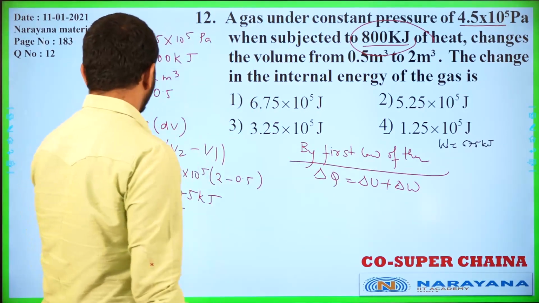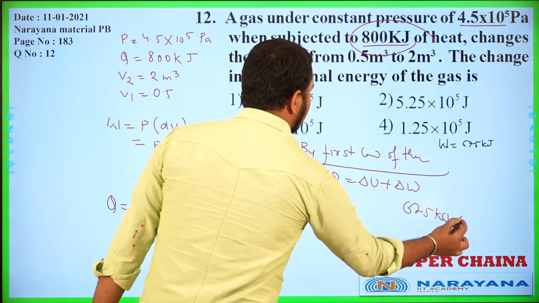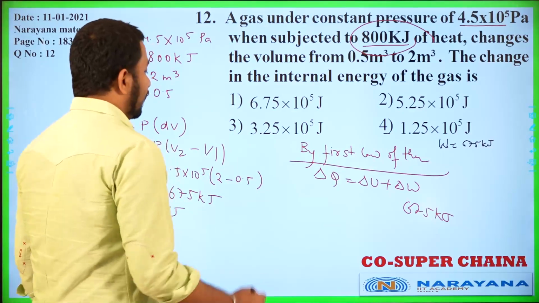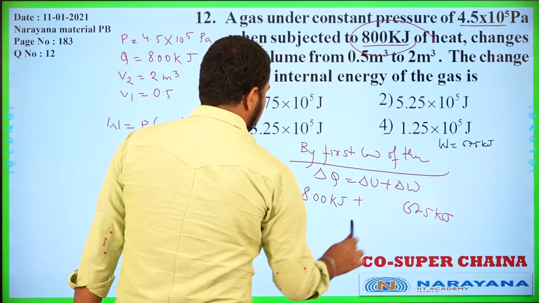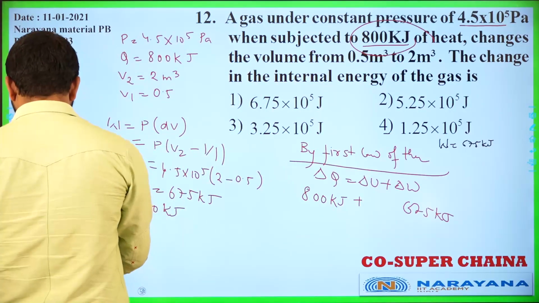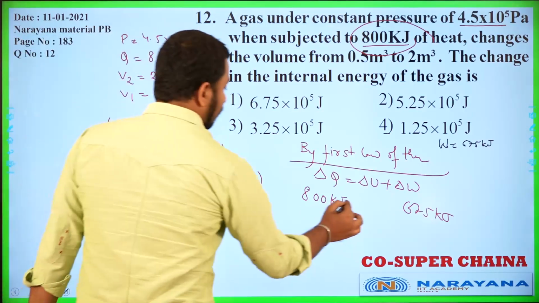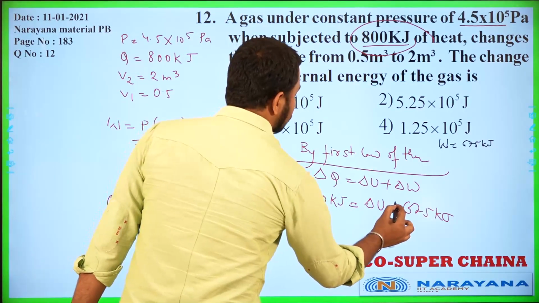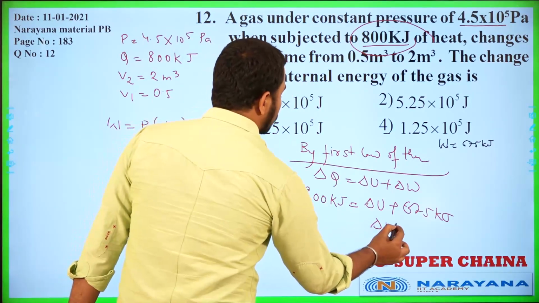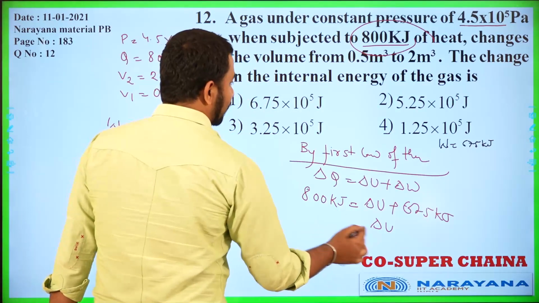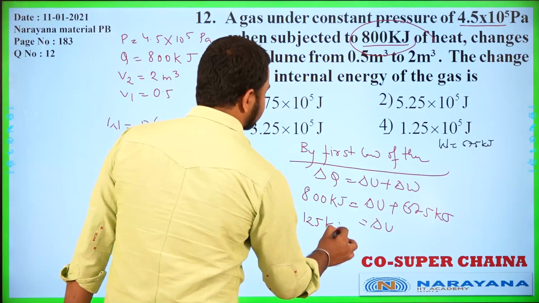We have already got W, which is 675 kilojoule, and Q we got as 800 kilojoule. So delta U, which is what we have to calculate, will be 800 minus 675, which is 125 kilojoule.